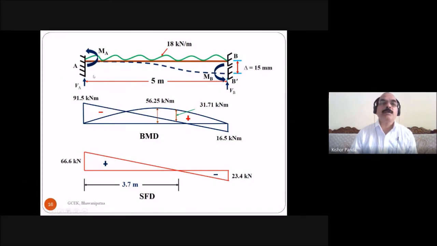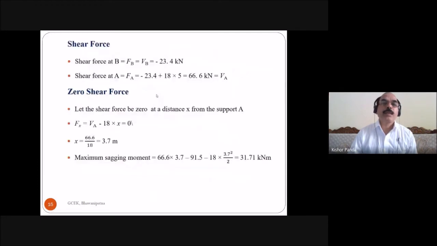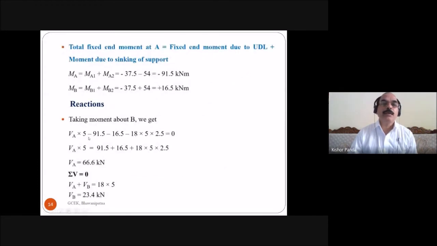So anti-clockwise moment is equal to clockwise moment. VA into 5 minus 91.5 minus 16.5 minus 18 into 5 into 2.5 is equal to 0. After simplification you get the reaction at A is equal to 66.6 kilonewton.